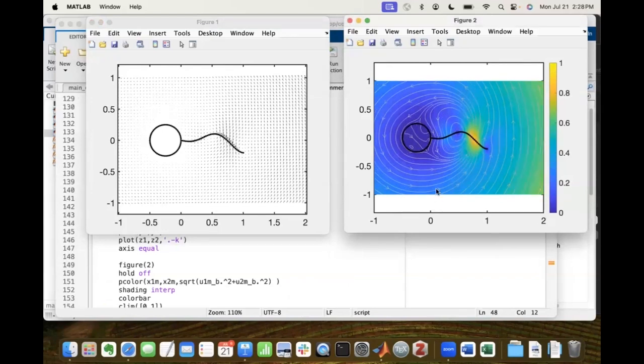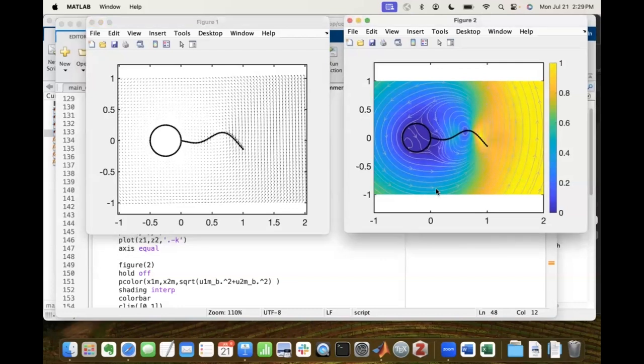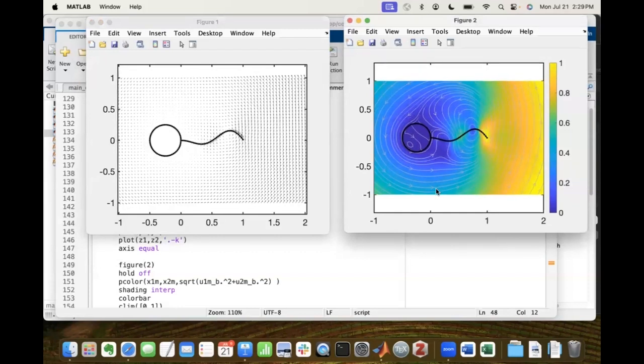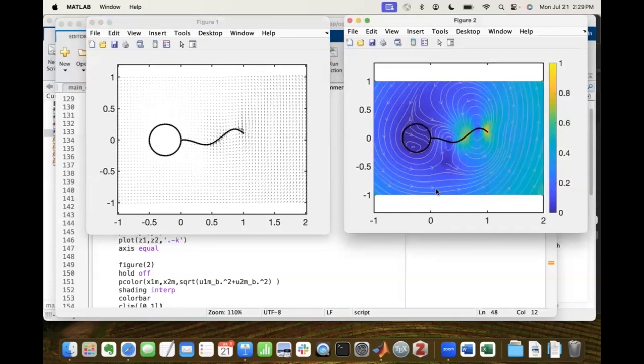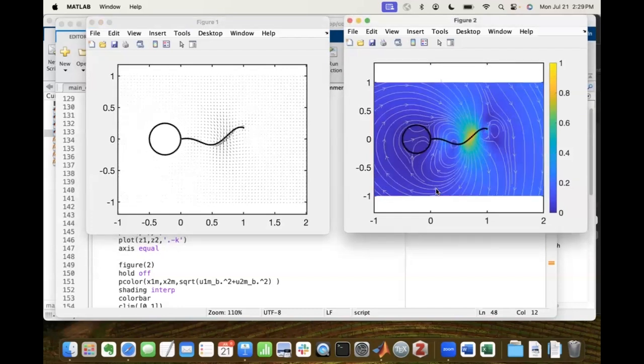The color here is the magnitude of the flow, and then you have streamlines. So that's what it looks like, but that's doing this case where you're using both the forward and the inversion, and it works for each time step.